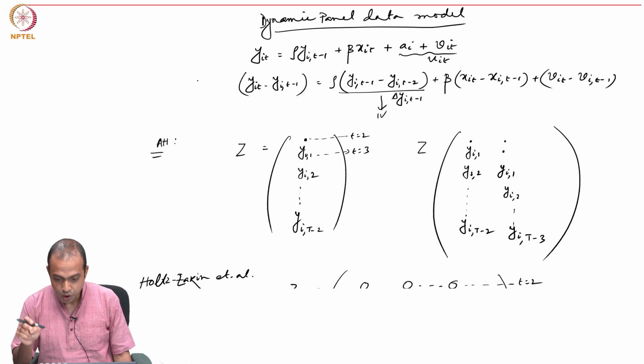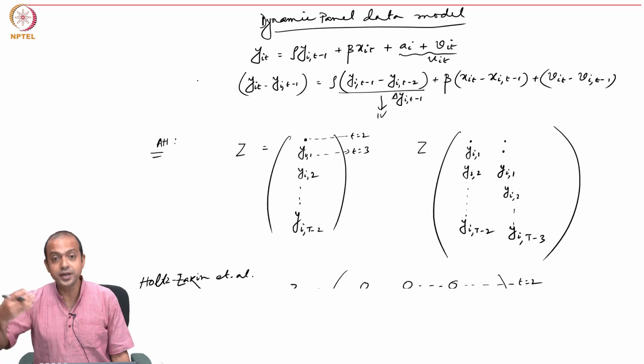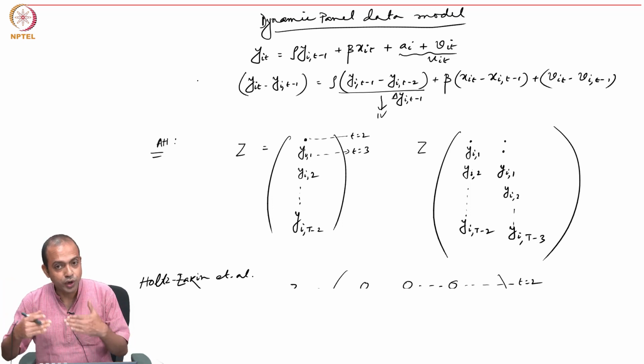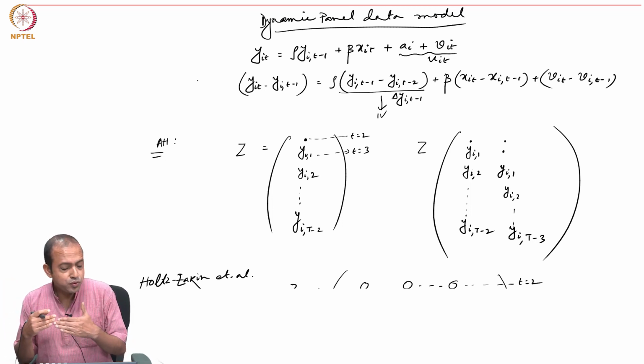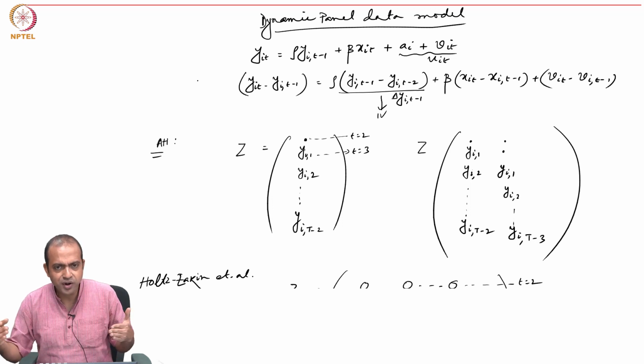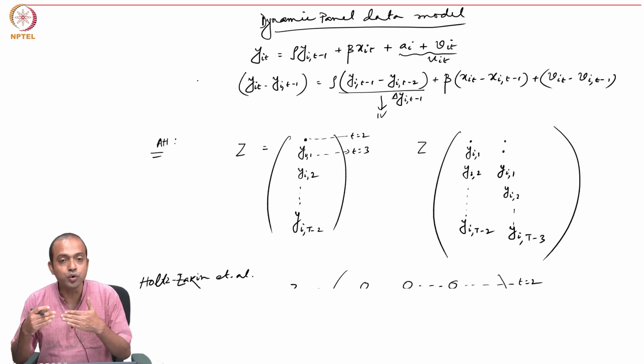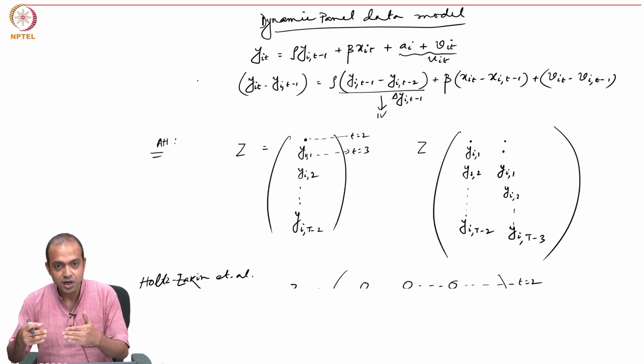Why is this so? Because when you take the first difference, we said that the first difference estimate would be biased and inconsistent, and the order of bias will be 1 by T. So, that means as time period increases, bias will go down. That means if your T is very large, then actually we do not have to use any other dynamic panel data model to estimate.